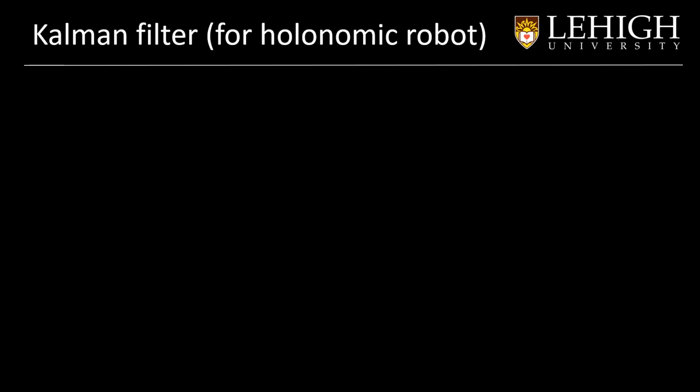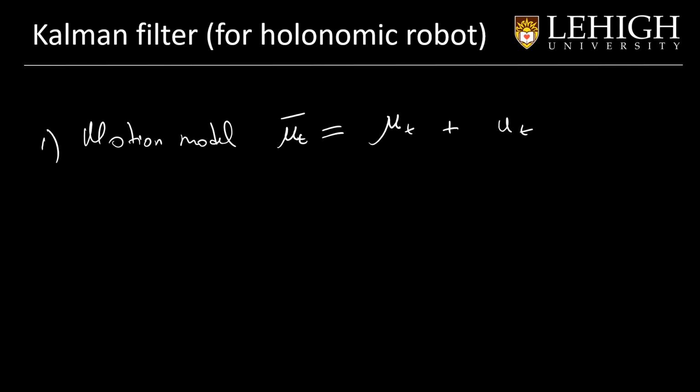So as a result, our motion model we will represent by a Gaussian with mean equal to the mean plus the control input.